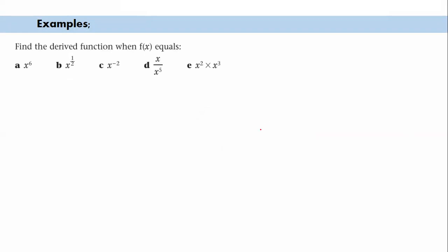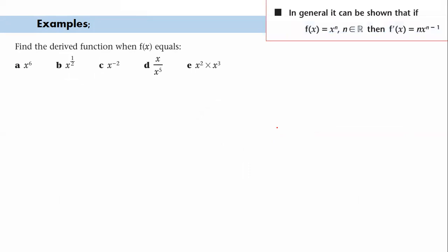Let's look at some examples. Find the derived functions when f(x) equals one of these expressions. We will again keep our general formula aside, so it's much easier to apply this rule. The first one is x to the power 6.